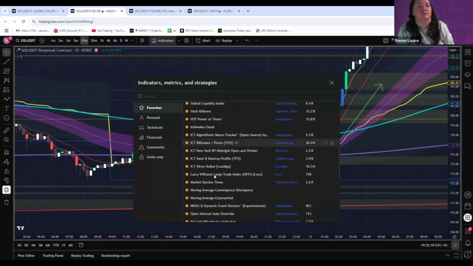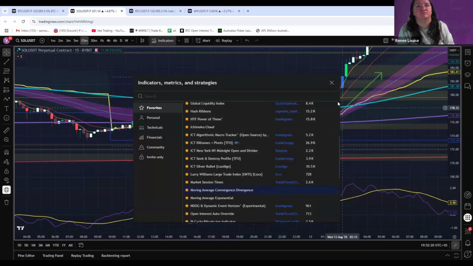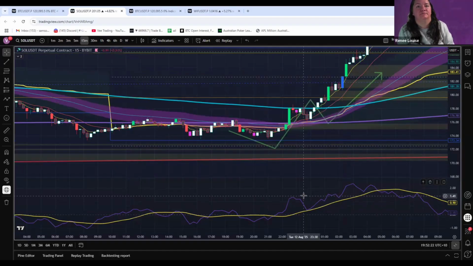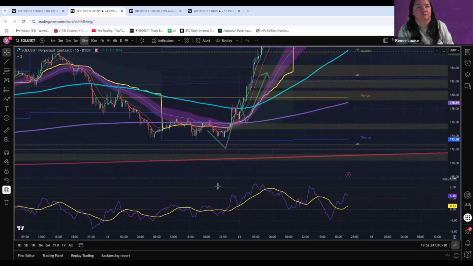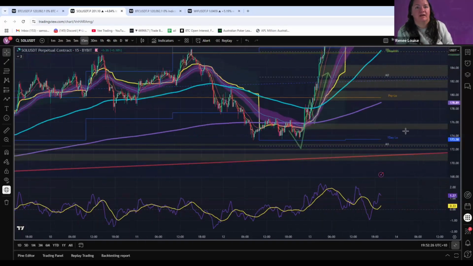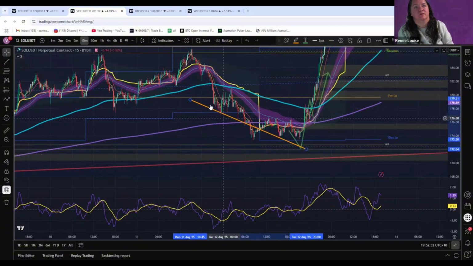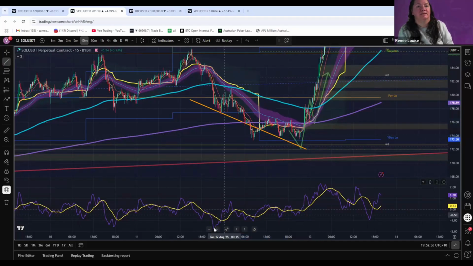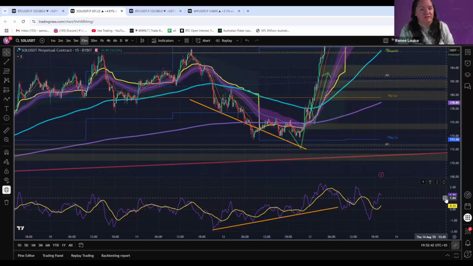actually, let's do MACD first. Okay, so straight away, we've got a down move here. We've got lower lows, and then sideways. What's the MACD doing? It's going up. So we've got our bullish divergence.